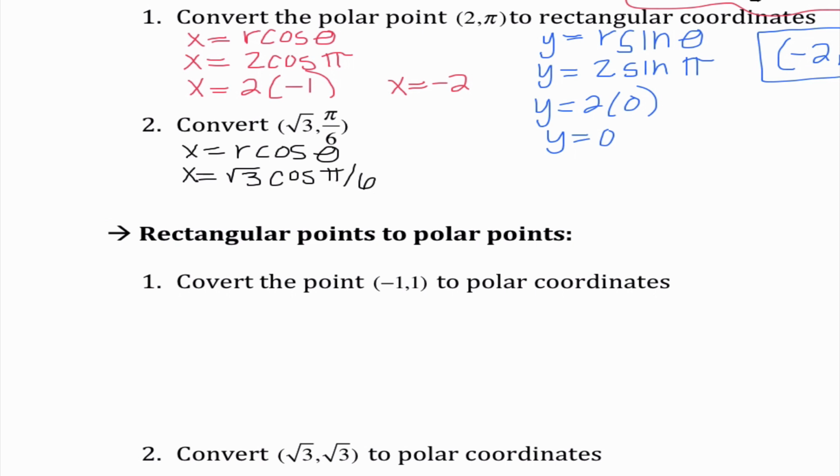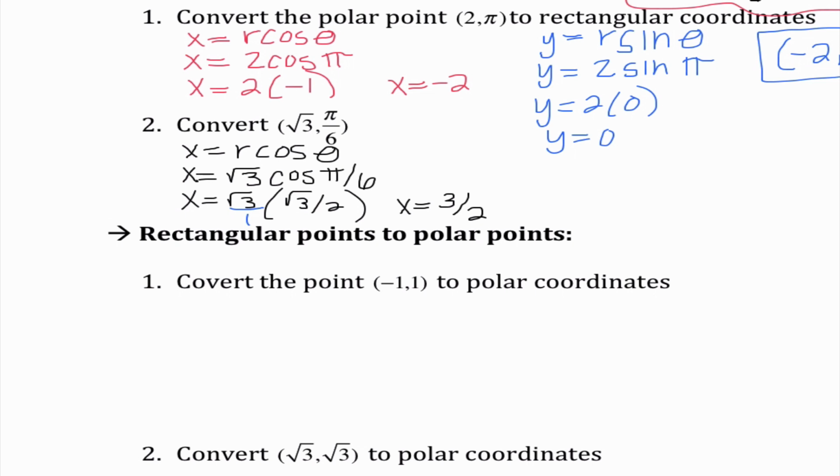Now we may remember pi over 6 is 30 degrees, and I know that the cosine of 30 degrees is radical 3 over 2. So when we multiply those together, I get x equals 3 over 2, because radical 3 times radical 3 is 3. And I know this is just like radical 3 over 1, so the denominator stays the same.